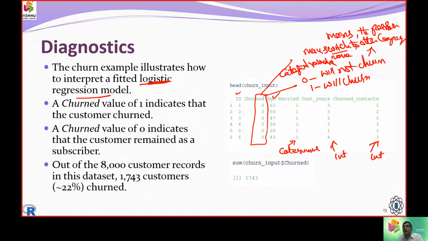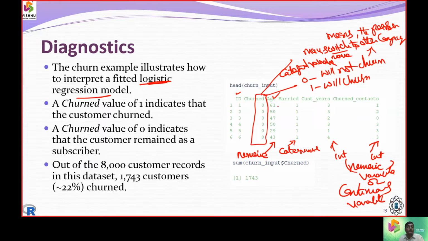Customer contacts, an integer; we call these numeric or continuous variables. Age, again, is a numeric value. So that is what we got. 1 indicates that the customer will churn, and 0 indicates that the customer will remain.